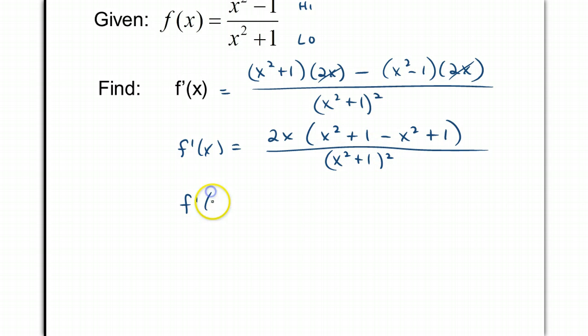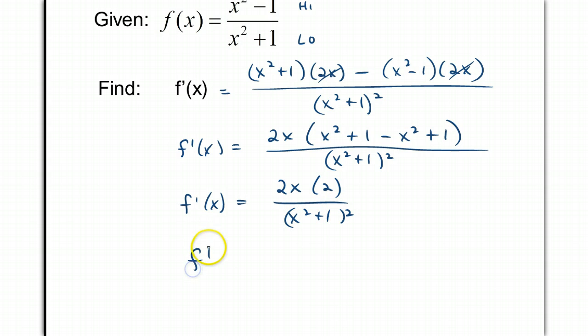And it looks like it's going to clean up nicely because you have x squared minus x squared, okay, and then there's a 2. So the final answer is 4x over x squared plus 1 squared.